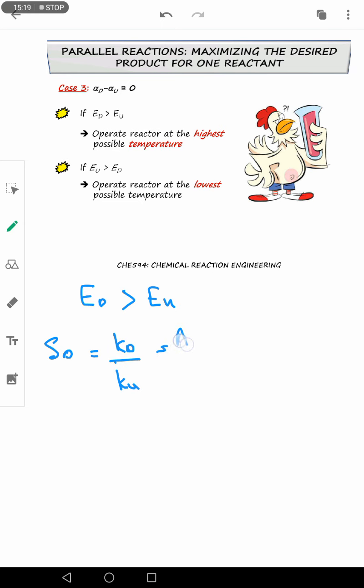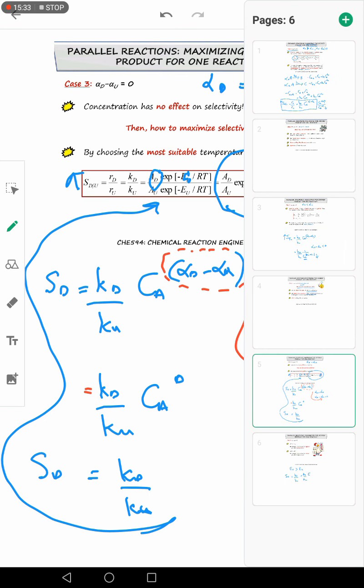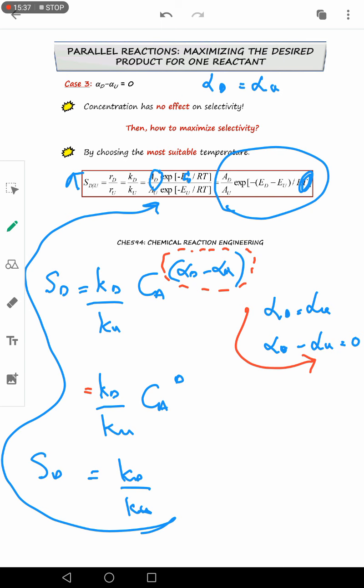Okay, so you guna AD over AU, lepas tu ada in terms of exponential activation energy.